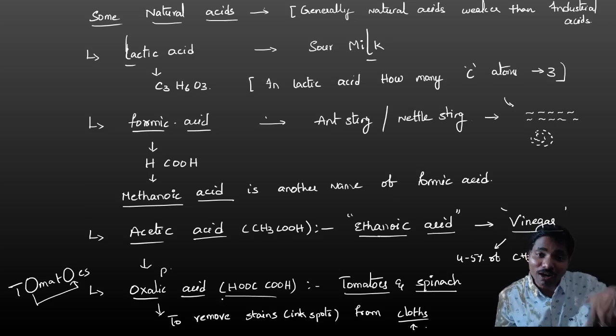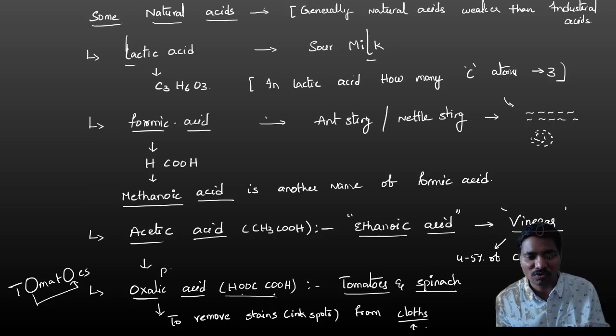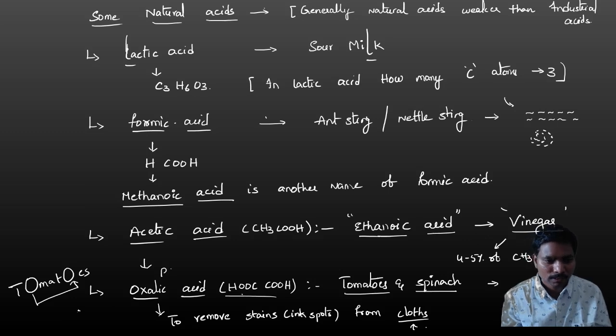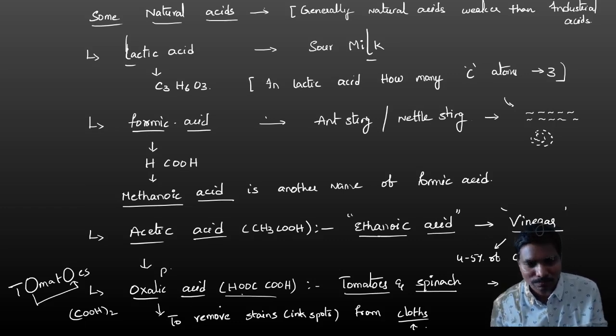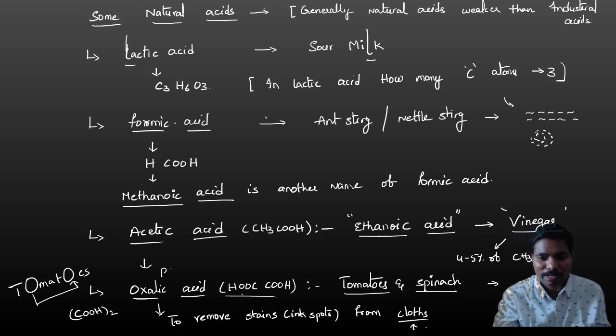In the formula also, O's are dominant: HOOC-COOH. That means HOOC twice, or COOH twice. Here also O is dominant. So you can remember like that.